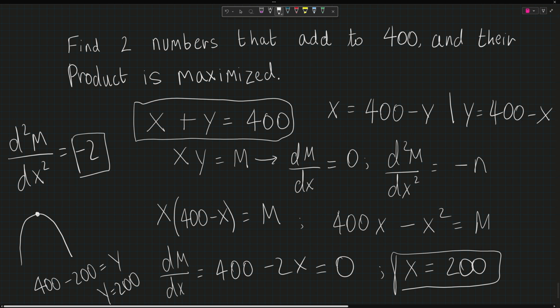So those are our two numbers. y is 200, x is 200. Now if you notice something, we just made a square. When you're multiplying, you do 200 times 200, which is basically the same number for each of the variables, which is always the solution when it comes to a question like this.